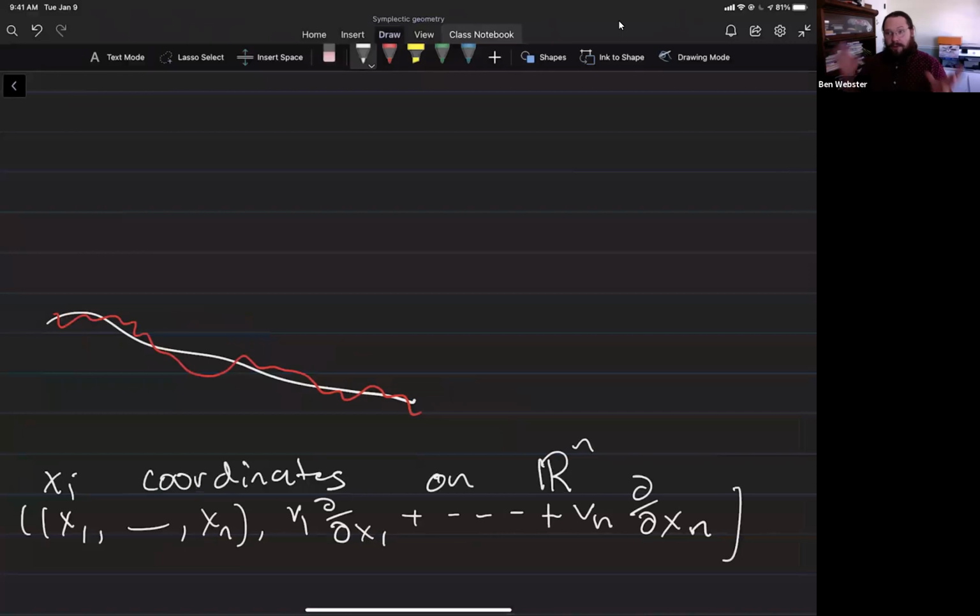So I'm just using the usual isomorphism of the tangent space of Rn to Rn itself, but I have to keep what's the direction along the base and what's the direction along the fiber separate. So xi are the coordinates along the base, vi are the coordinates along the fiber.